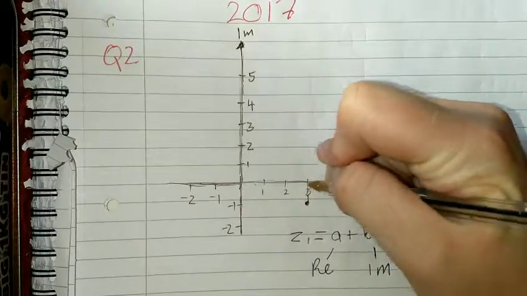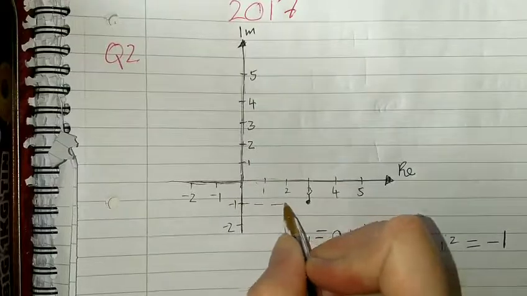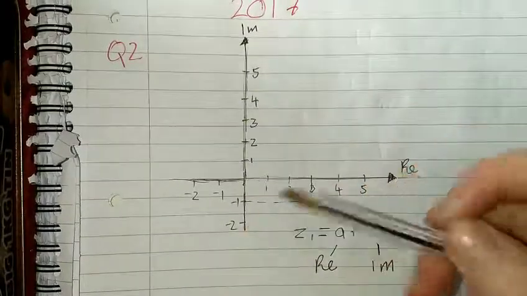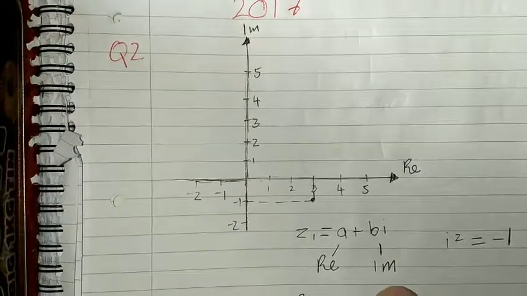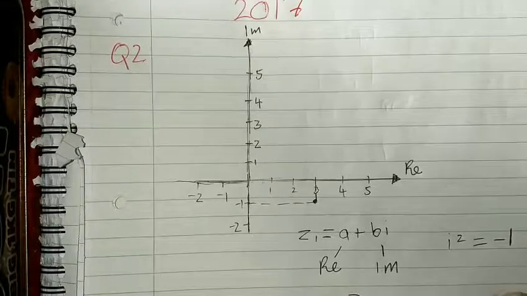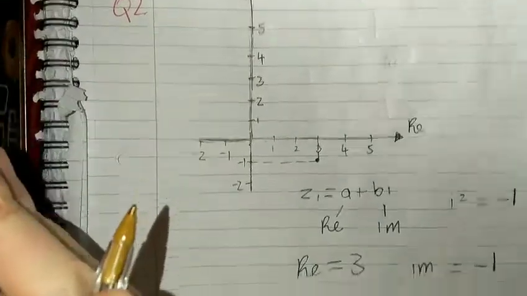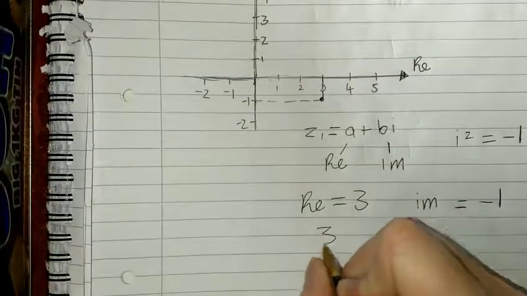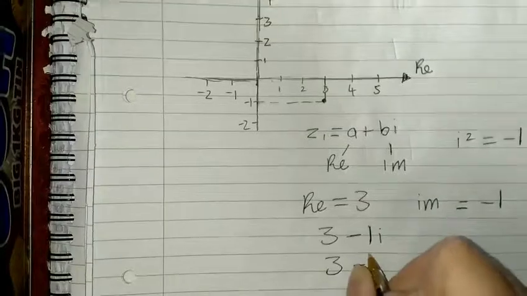Across on the horizontal axis we run across 3, and on the vertical, or imaginary, axis we went down 1. So our real part is going to be 3, and our imaginary part is going to be minus 1. So our point will be 3 minus 1i, or 3 minus i.